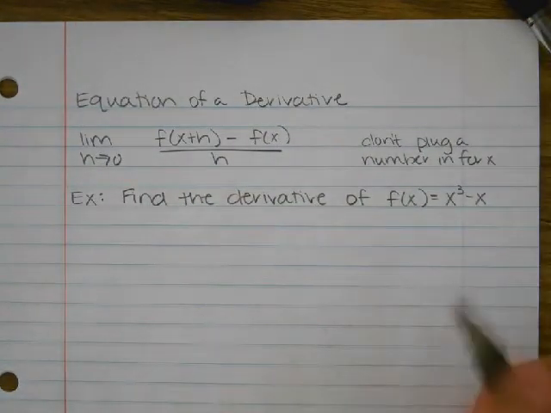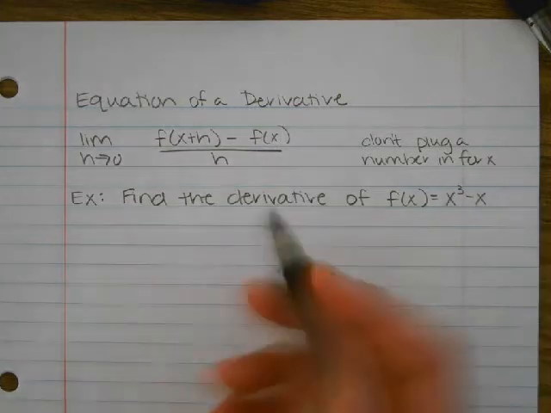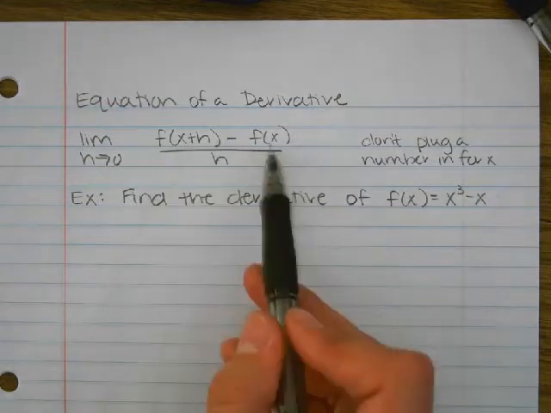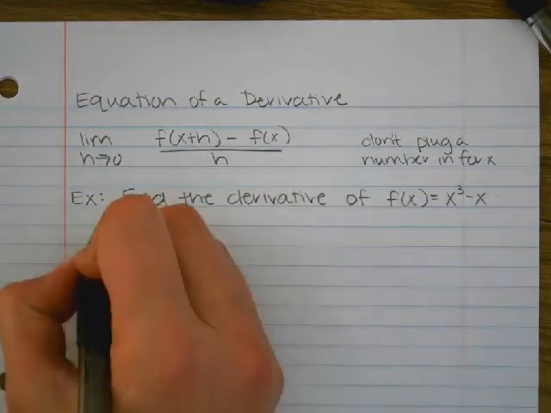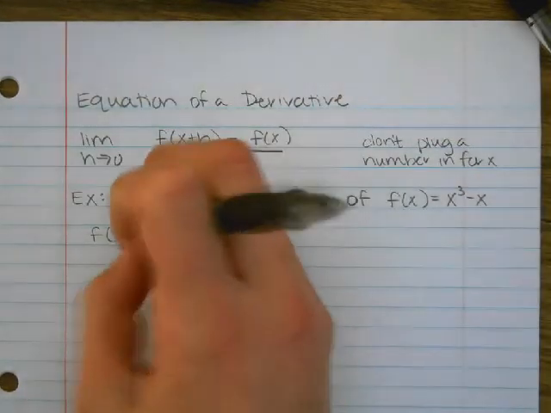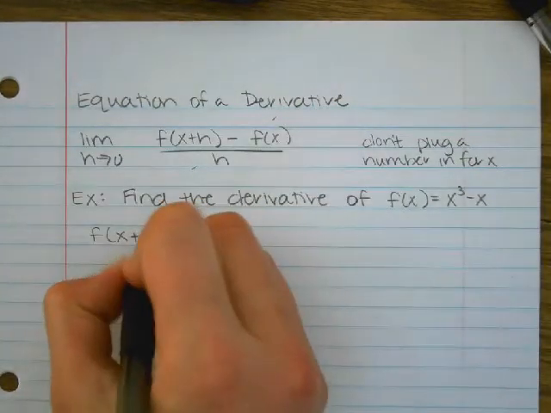I know that to plug it into this I need to know what f of x plus h is, and I need to know what f of x is. And f of x is already defined, so f of x plus h is the one we're going to have to do a little bit of math for.